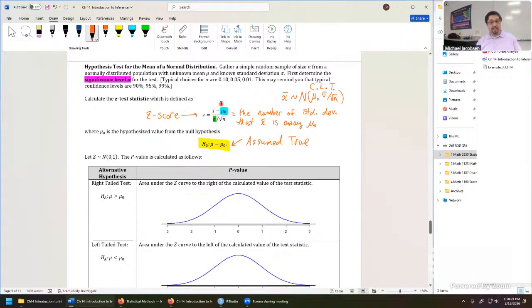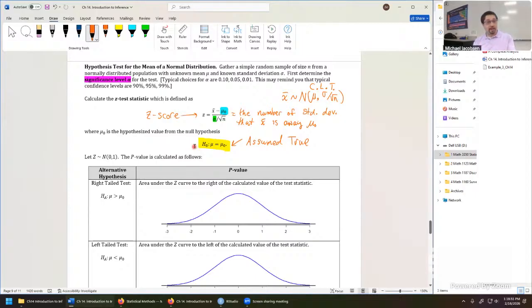It'll be a whole bunch of standard deviations, maybe 5 or something along those lines, maybe even higher. But if this is close to a true statement, then it would be really unlikely for this to be large. This is probably going to be a small amount of standard deviations, maybe less than 1, in which case our p-value will be large and we will fail to reject the null hypothesis.